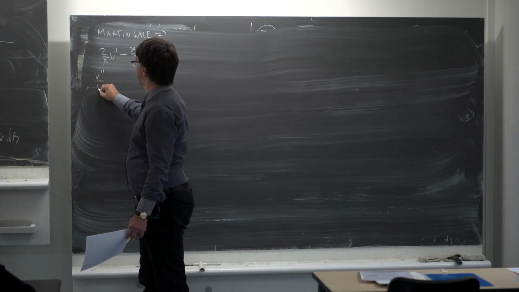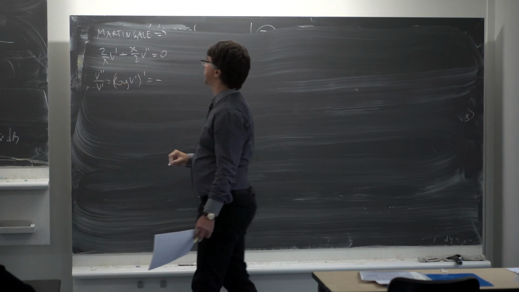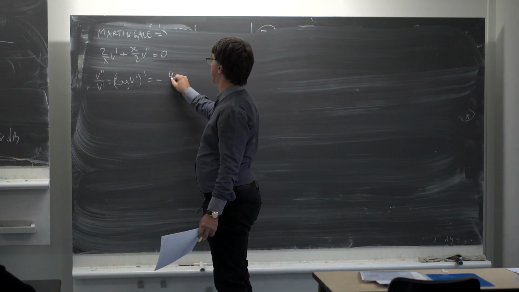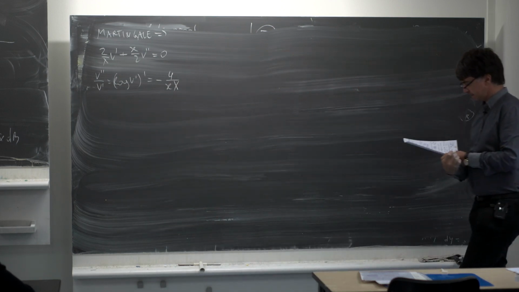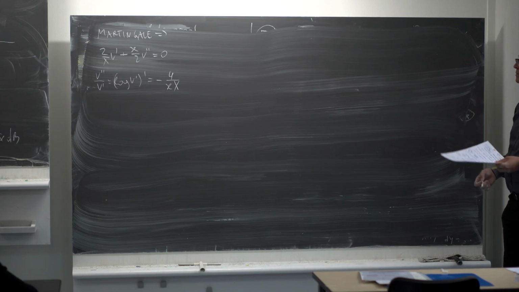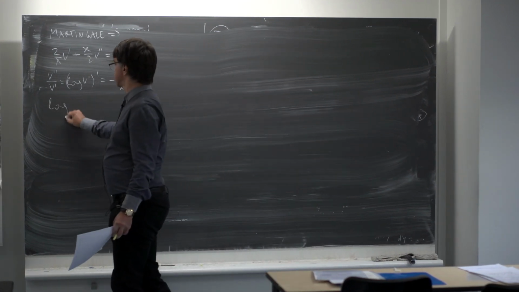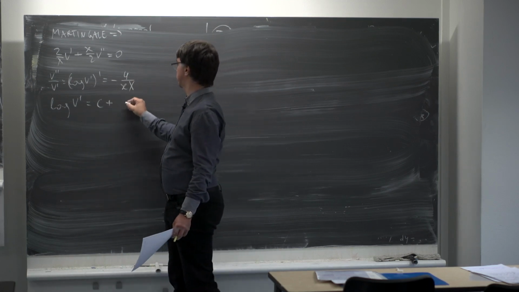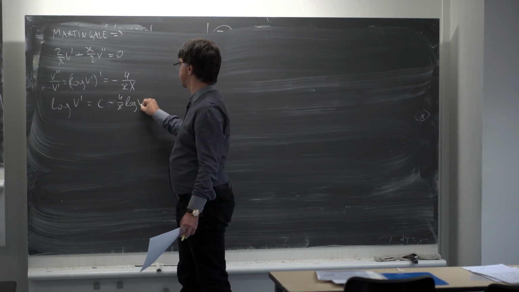So v'' over v', which is the logarithmic derivative just like before, is equal to minus 4 over kappa x. So the logarithm of v' is a constant plus the integral of this, and the integral of this is minus 4 over kappa log x.